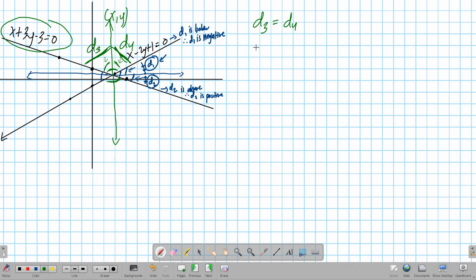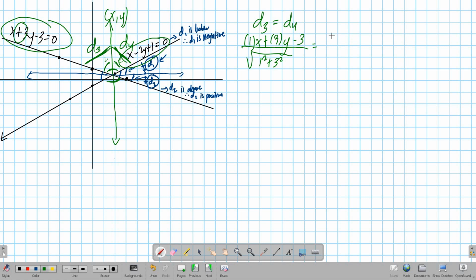So therefore, following our formula, d sub 3 will then be equal to 1 times x plus 3 times y minus 3 all over, since this is positive, yung nasa baba ay positive, square root of 1 squared plus 3 squared is equal to, ang d sub 4 ay related naman dito.